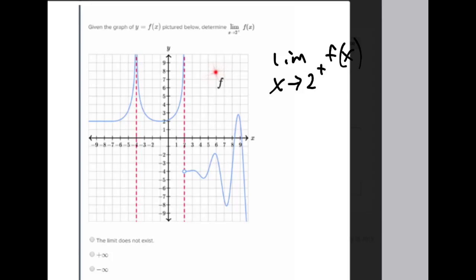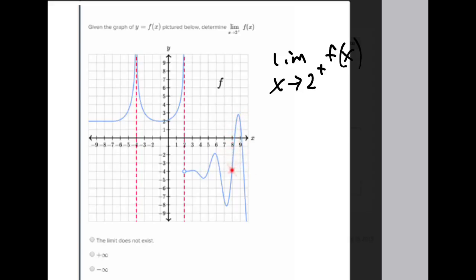I am approaching an x coordinate of 2, but I'm not even on my function, so I'm not taking any limits from a graph. So that doesn't work. To take a limit from a graph, you must be on top of your function.